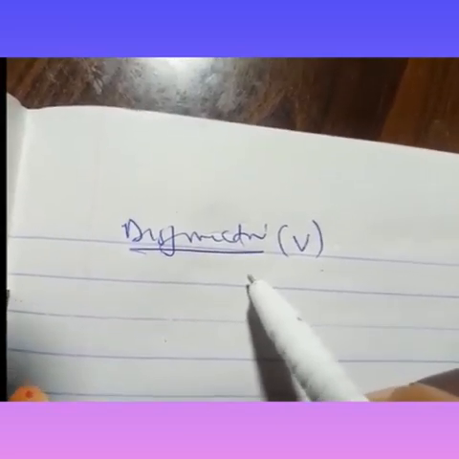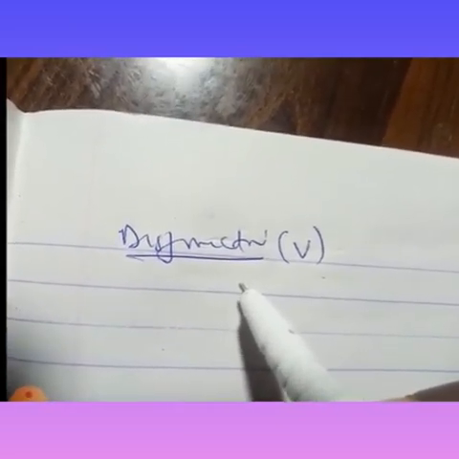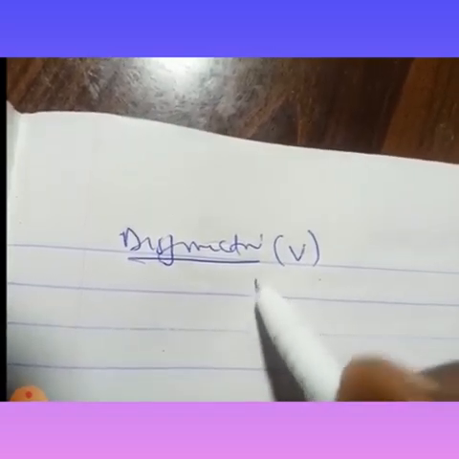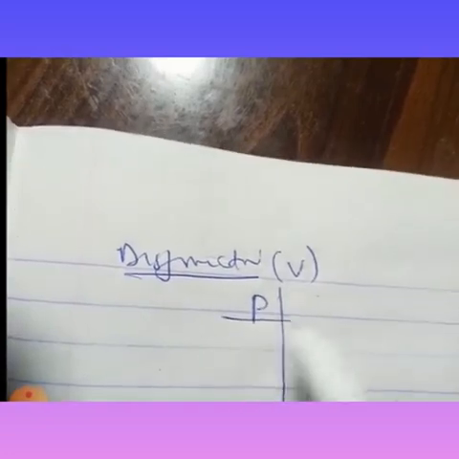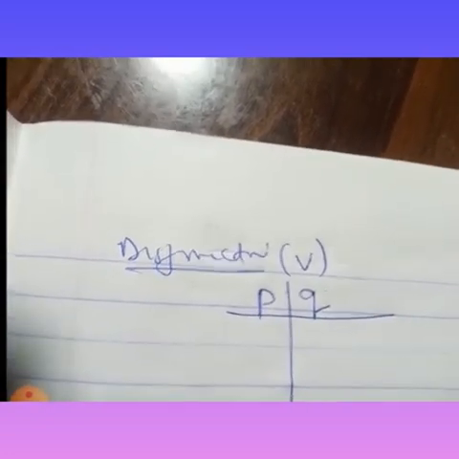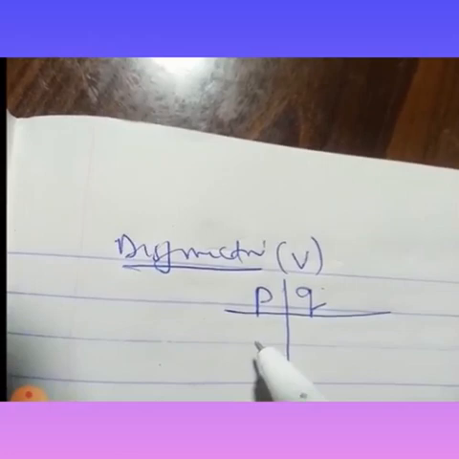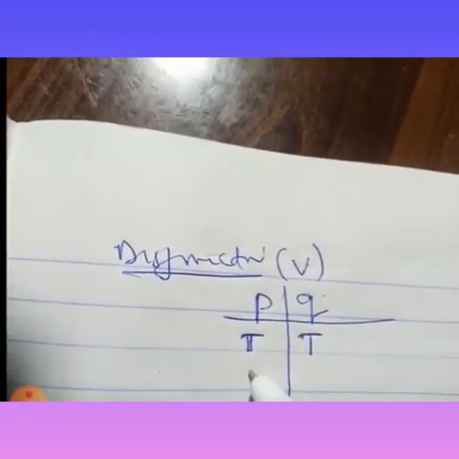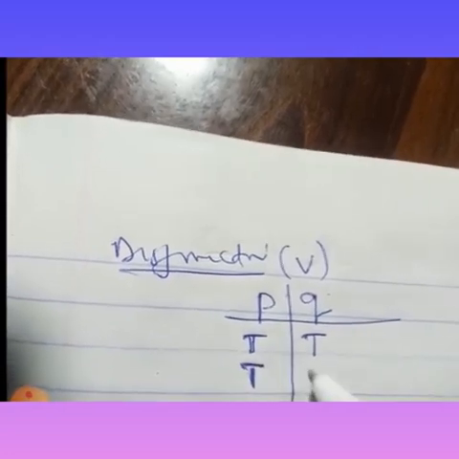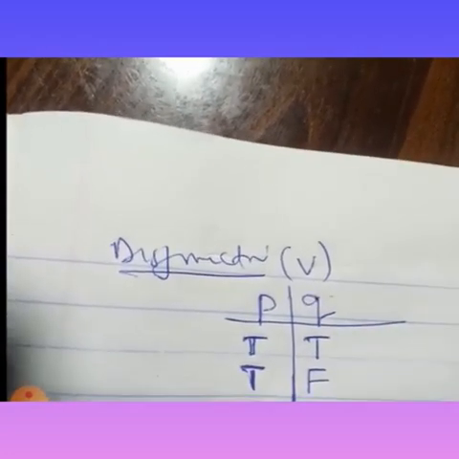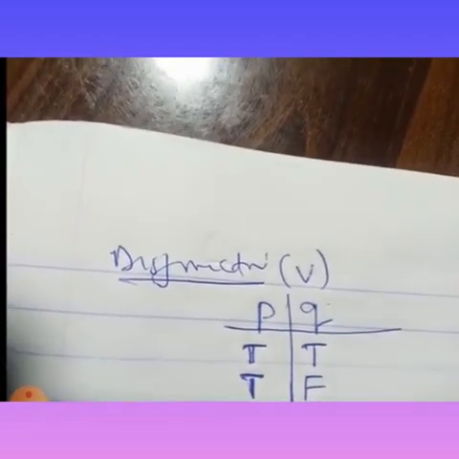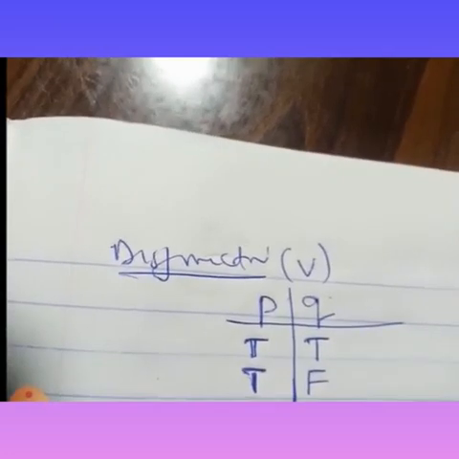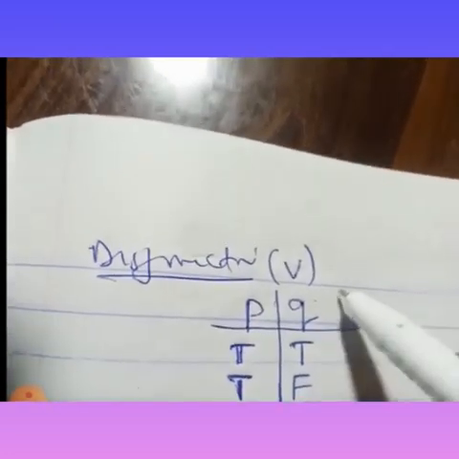For disjunction, we have two statements because we have represented the statements with P and Q. We have P and we have Q. So if we have two statements, both of them can be true, true, true. Both, one can be true while the other will be false. The first can be false while the second can be true, and both can be false. So it's very simple and easy to construct.